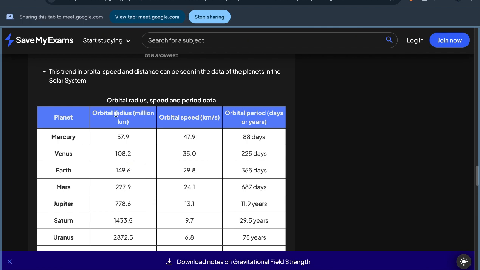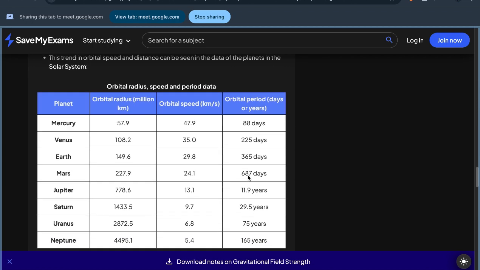If you're looking for the orbital radius of Mercury, it's 57.9 million kilometers. For Venus it is 108, and for Earth it is 149.6. The orbital speed for Earth is 29.8 kilometers per second. The orbital period is measured in days or years. Remember I told you period means time in physics.